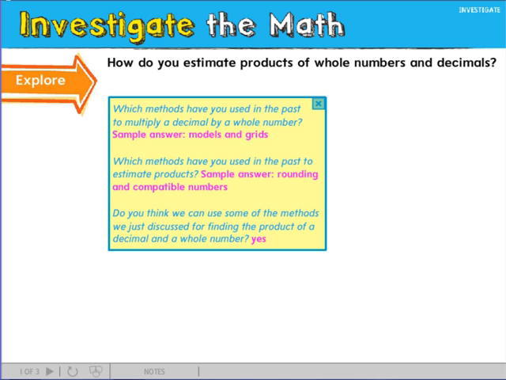Now, we've already talked about this. We are going to use rounding and compatible numbers to estimate decimals multiplied by whole numbers. So yes, the strategies that we've previously used are going to be used today as well.